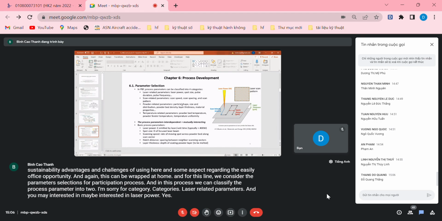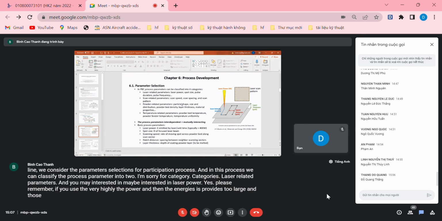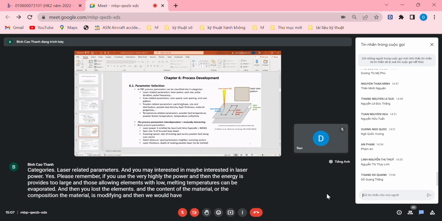Please remember, if you use very high laser power, the energy provided is too large, and those alloying elements with low melting temperatures can be evaporated, and then you lose the elements, and the composition of the material is modified, and then you will have a modification in terms of the properties.